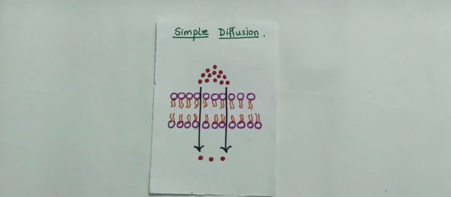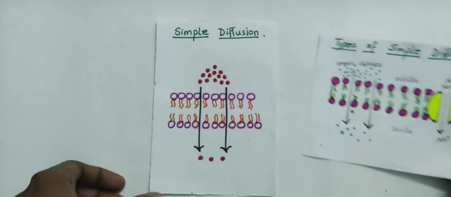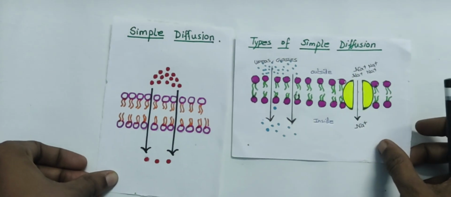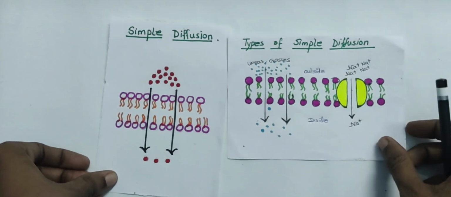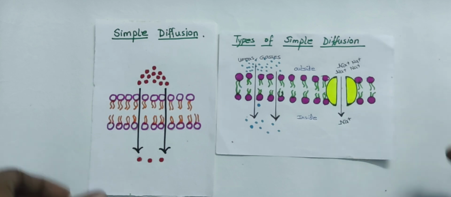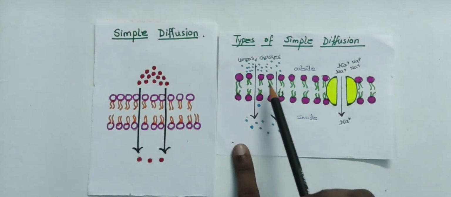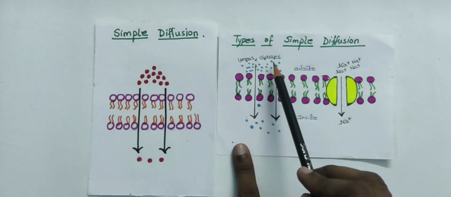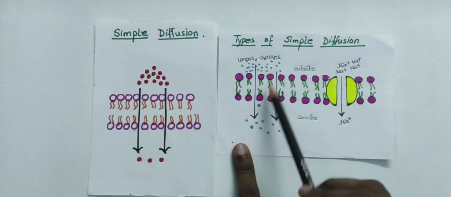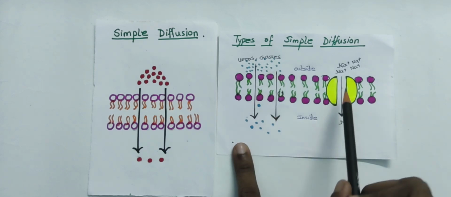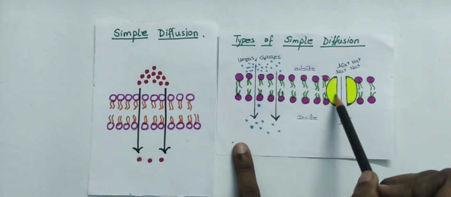Now simple diffusion is of two types. In one, the molecules travel along the cell membrane, and in the other, some molecules travel through channels.